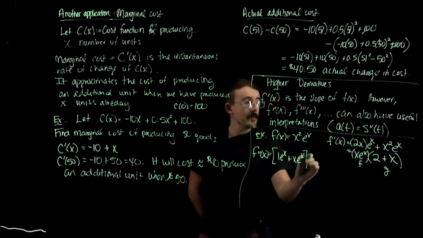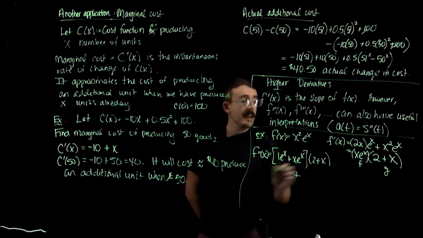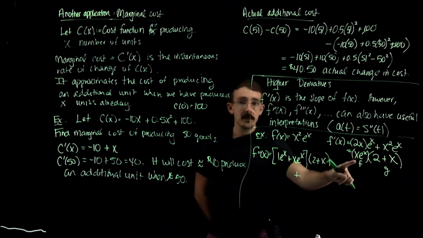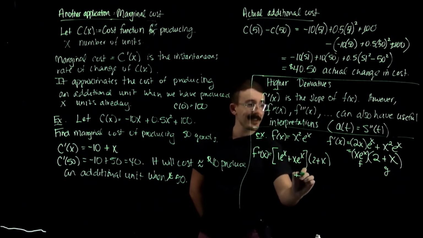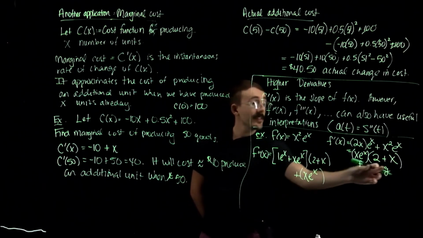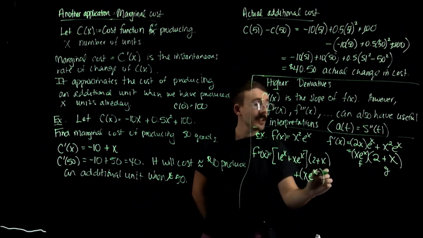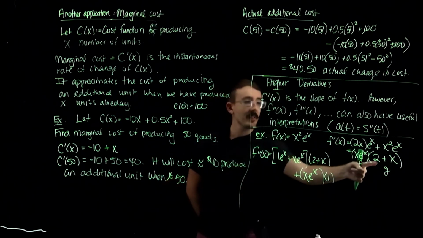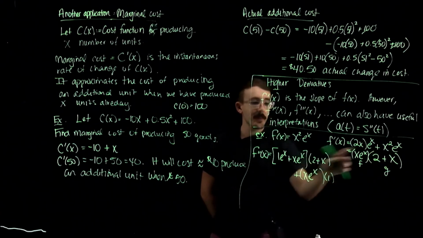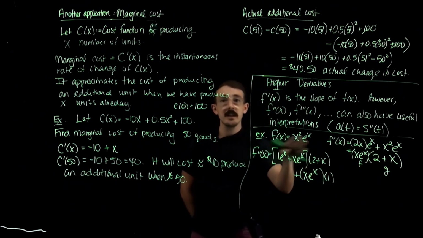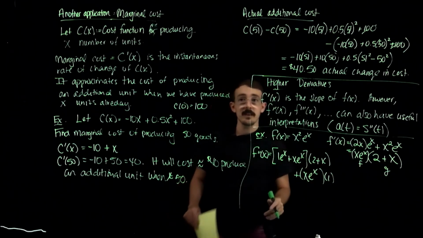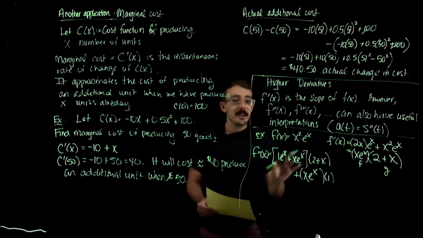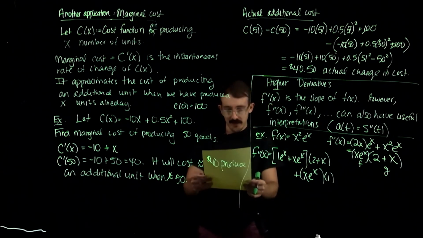Leave the second one alone, 2 plus x, plus, and then leave the first one alone. That's a lot of work. And then what's the derivative of the second one? Well, that's just 1. Because the derivative of a constant is 0, and derivative of this is just 1. So this is the second derivative. And we could keep doing this on and on and on. So that's some practice with higher order derivatives.